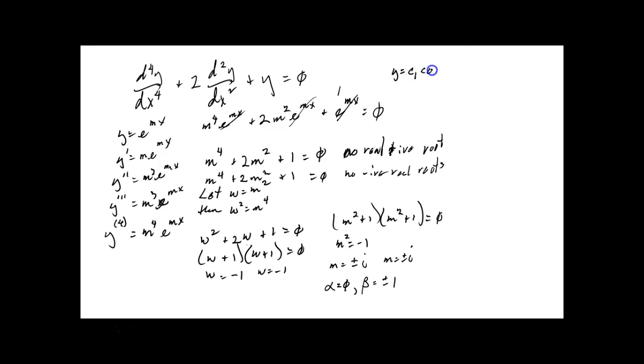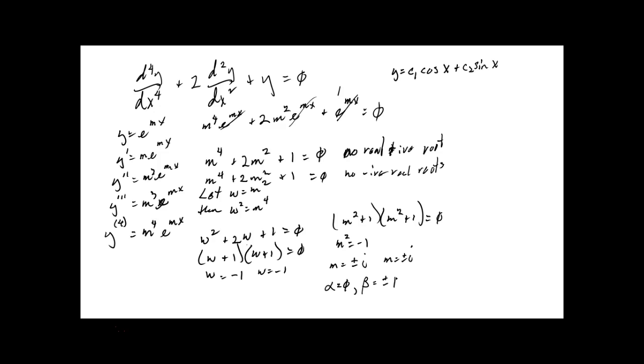Then you put cosine of beta x. Well, your beta here is 1, so C1 cosine x plus C2 sine x. For the beta, you just use the numerical part.